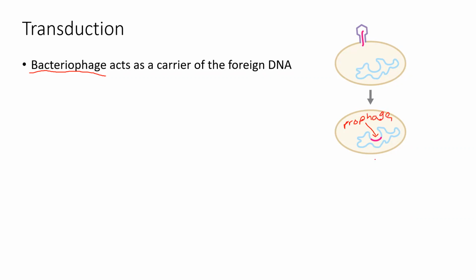And then remember, this cell is now going to undergo binary fission. Each of these cells is now going to have the bacteria DNA, but it's also going to have that viral DNA. As the cell goes about its business, I don't have pink, so we're going to go back to red, living its best life, it's going to be replicating, transcribing, and translating whatever is on that viral DNA.